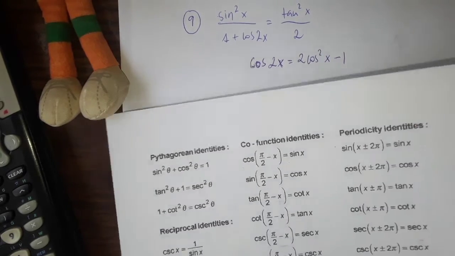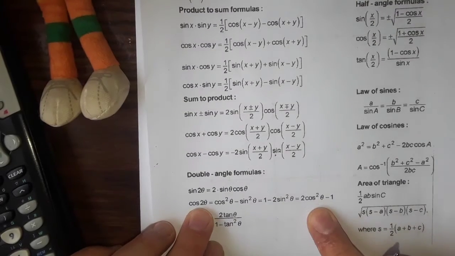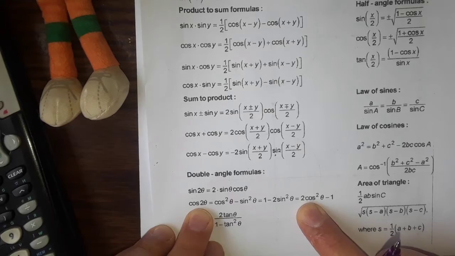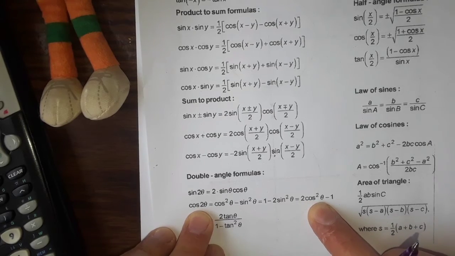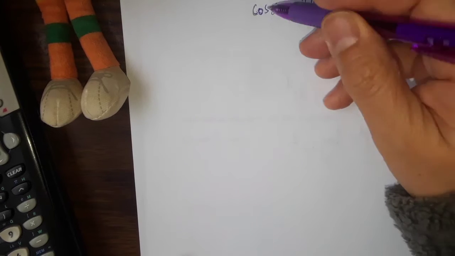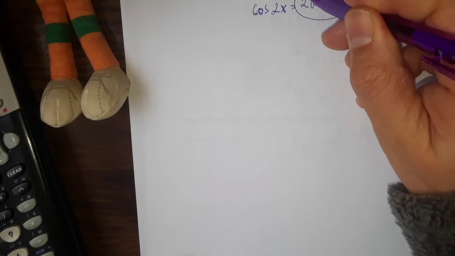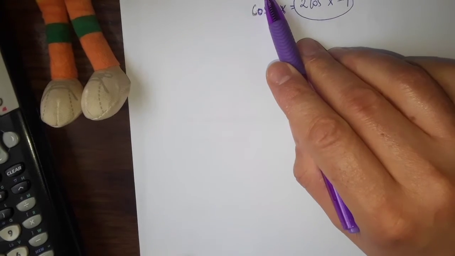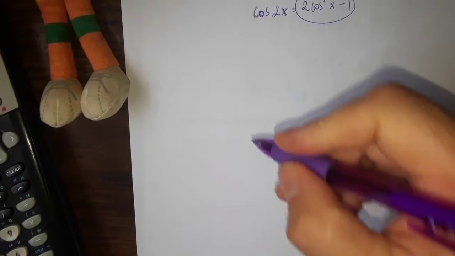Okay, this one is the one we have in here. Cosine of 2 theta equals 2 cosine square theta minus 1. Okay, so now if I put this inside of cosine 2x, we're gonna be able to simplify it.